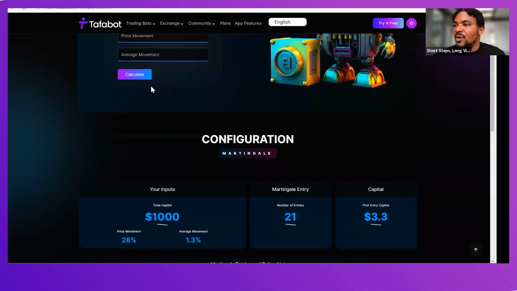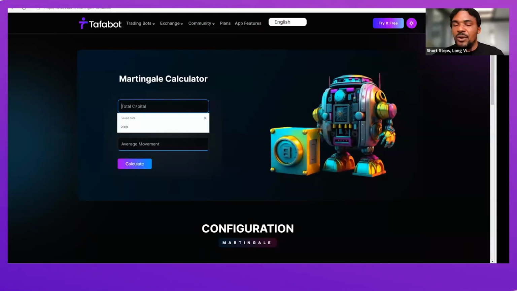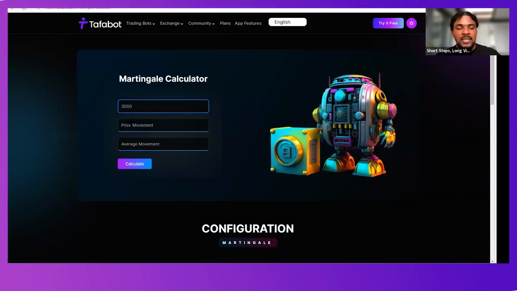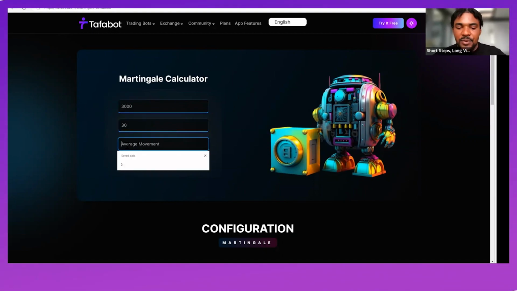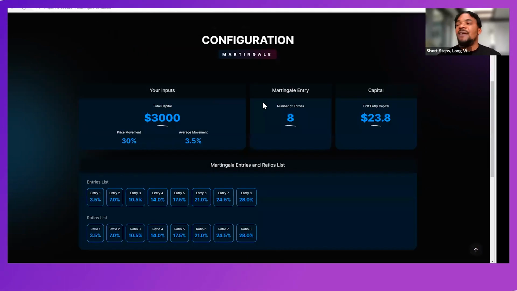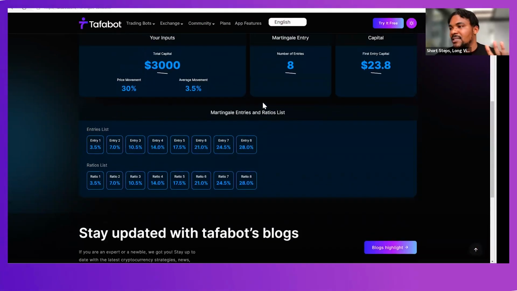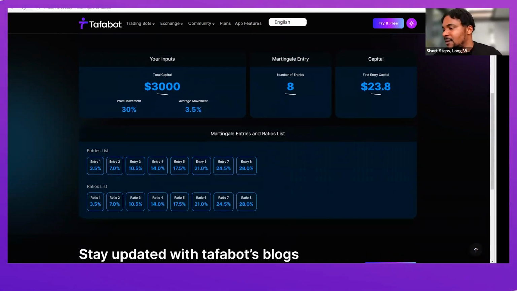For IOST, I want to put in much capital. I'm going to go for 3K into IOST. We're looking at a 30% movement, and then we're looking at a 3.5% move. So we only have 8 entries for this. Super amazing. Only 8 entries is what we need to create for IOST.